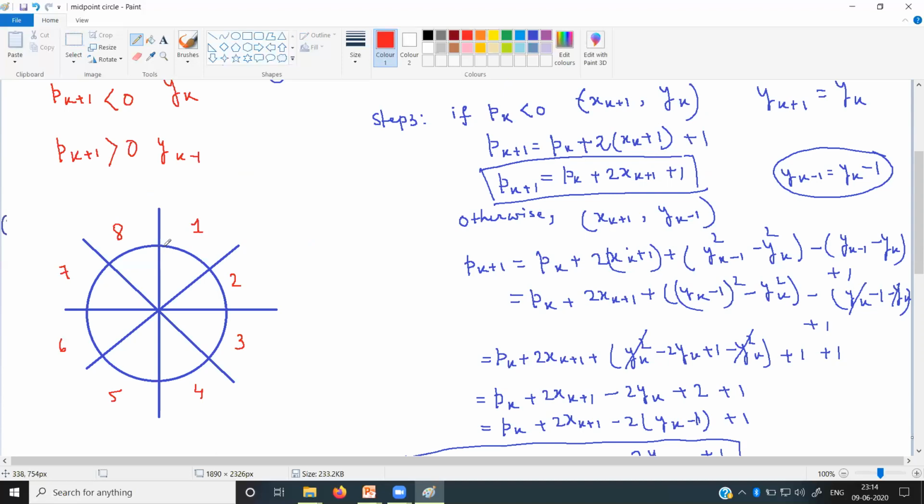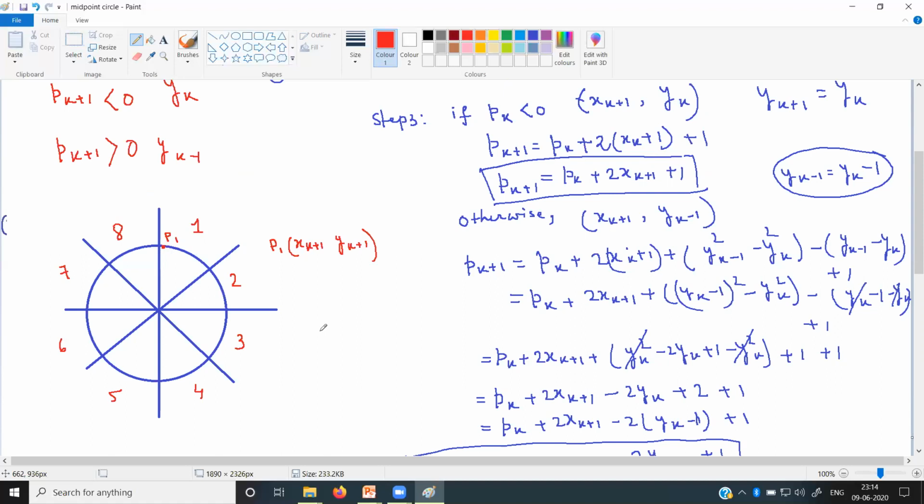So what we will do, we will compute the next point. This is our point P1. Consider this point P1 is nothing but x of k plus 1 and the corresponding y value. It may be yk, it may be yk minus 1.